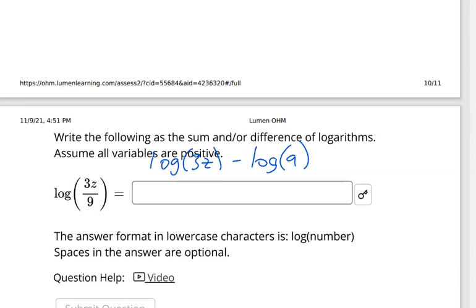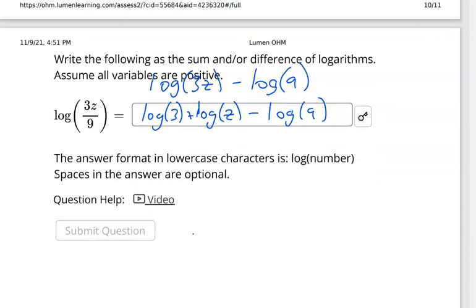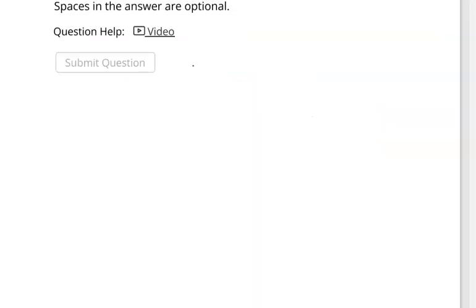Well, log 3z can be broken up into log of 3 plus log of z. So we break this part up. And I would accept you doing this all in one step. Log 3 plus log of z minus log of 9. Product rule, division rule. Log 3 plus log z minus log 9. And that is it for that review.